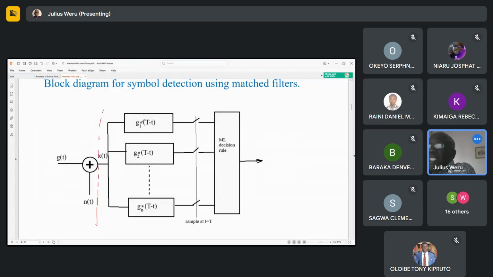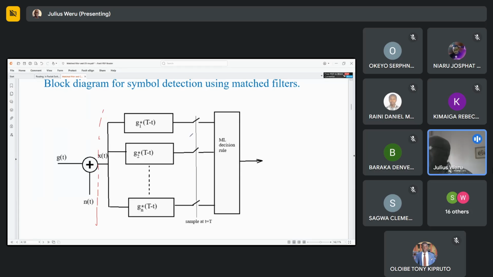Actually, it will be a conjugate of this waveform, which is delayed and time inversed. Time inversed because this is g(t) and this is g(-t), and the conjugate, and this delayed by T. Yeah, that's what it means. But of course, for real signals, then it's simply g of T minus t. But we always add this because the signals could be complex signals.